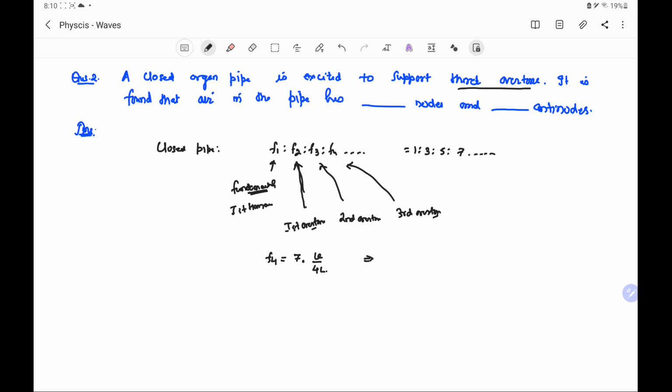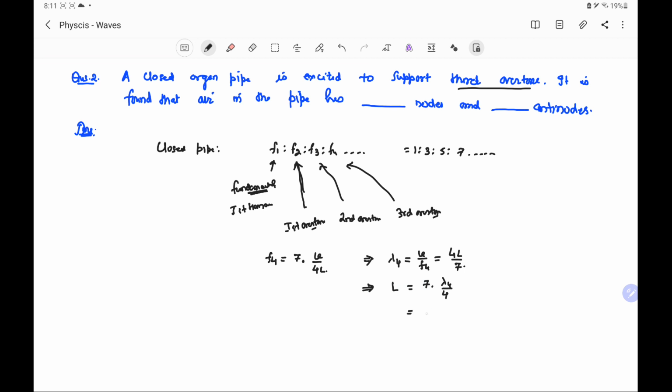Therefore, wavelength in this case will be equal to V by F4, that is equal to 4L by 7. This implies that L, which is the length of the tube, will be equal to 7 times lambda 4 by 4.